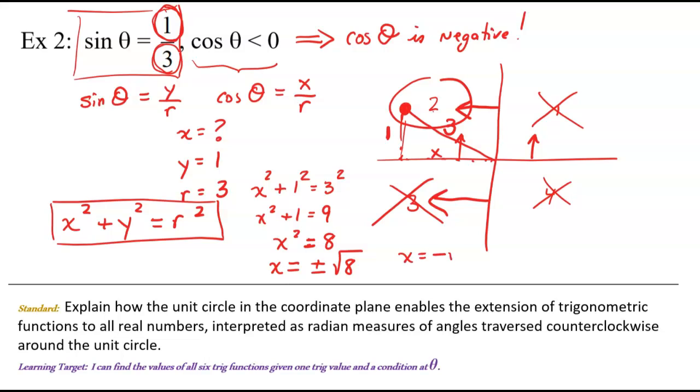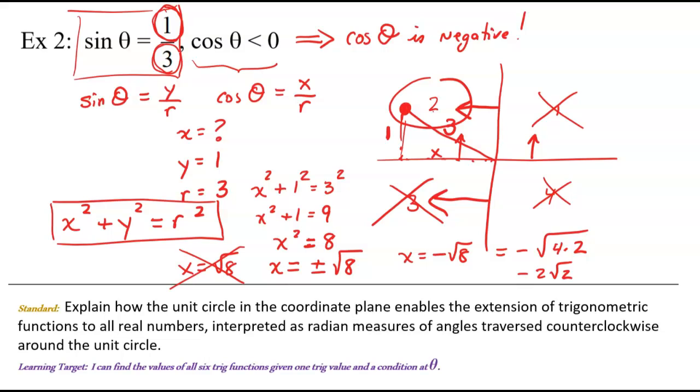So x will be the negative root 8. X will not be the positive root 8. Root 8 is root 4 times 2, so this simplifies to negative 2 root 2. All right? So the x-coordinate is now known.